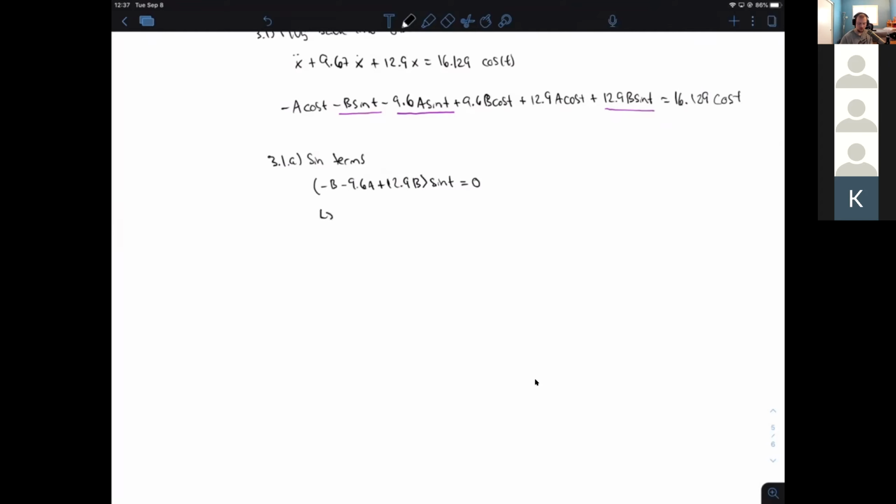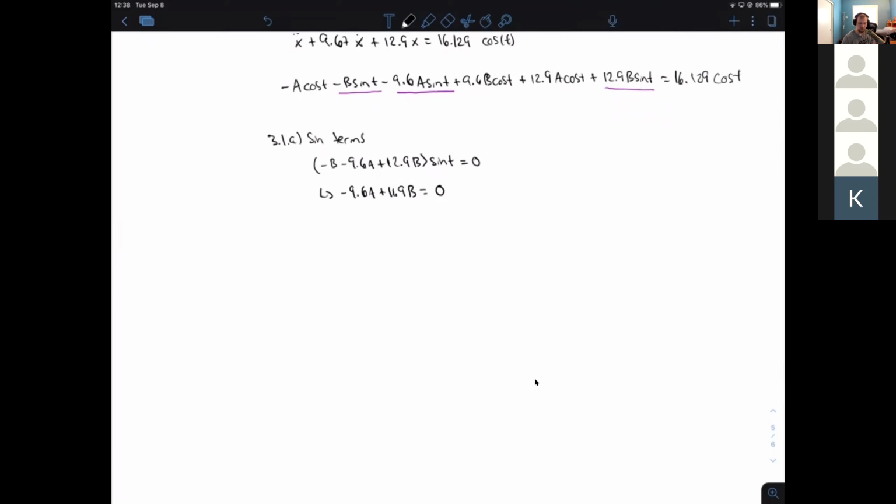Okay, so then I can divide through by sine of t, and then we're going to get minus 9.6a plus 11.9b equals 0. Okay. Now we're going to group the cosine terms.